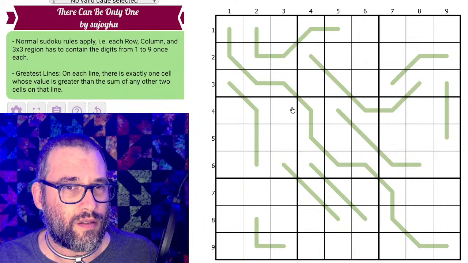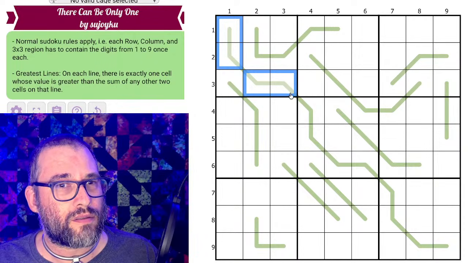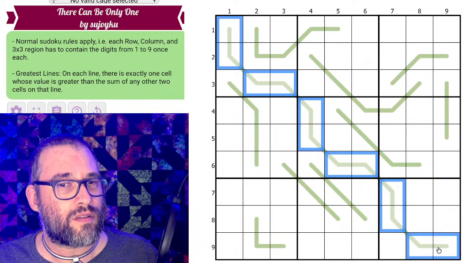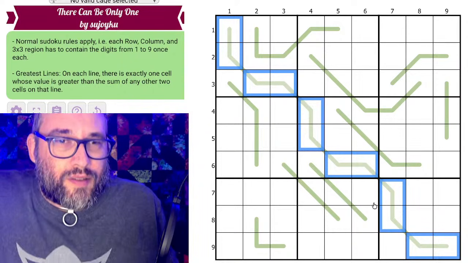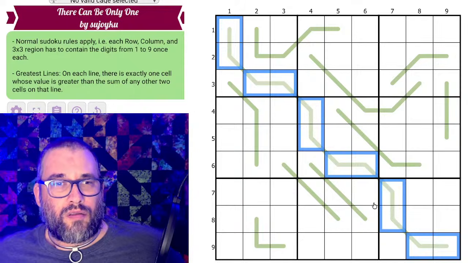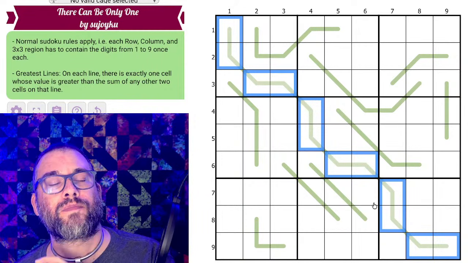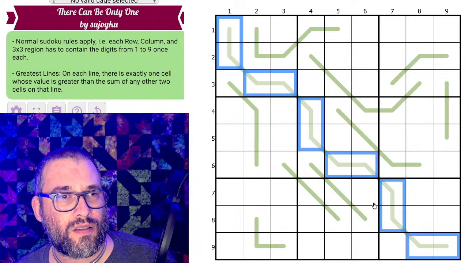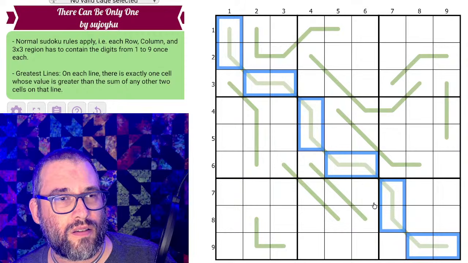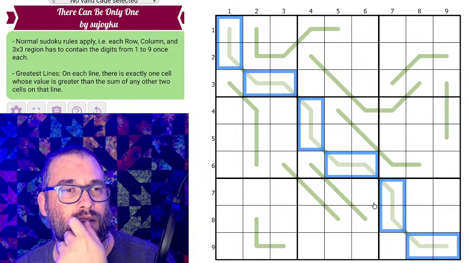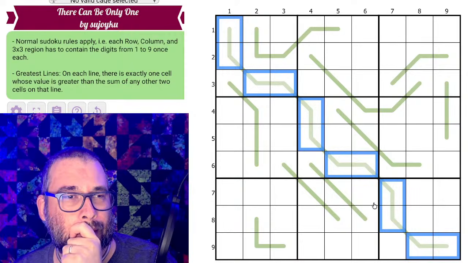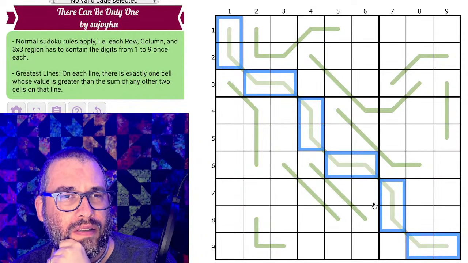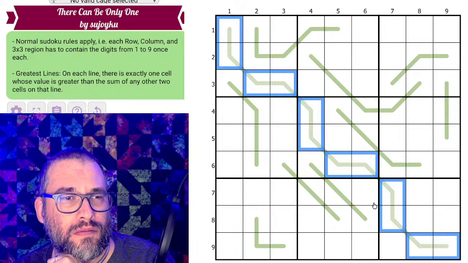We have this long line. Yeah, what's wrong with 1, 2, 3, 5?